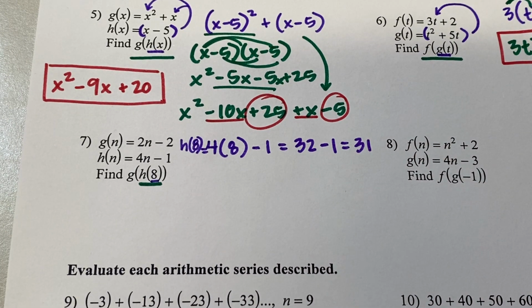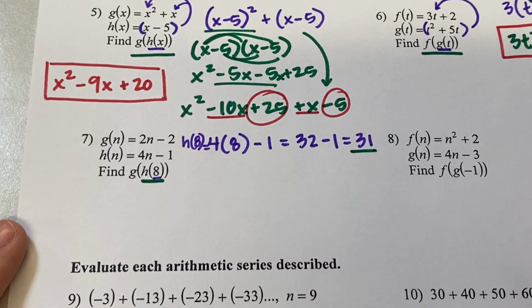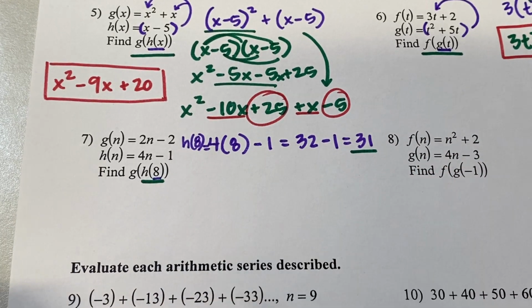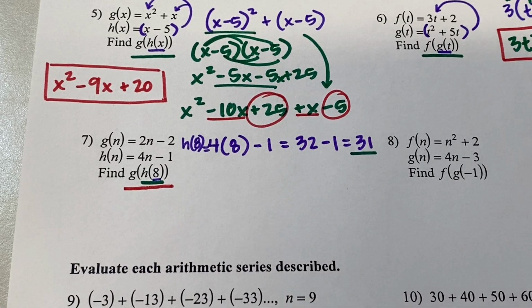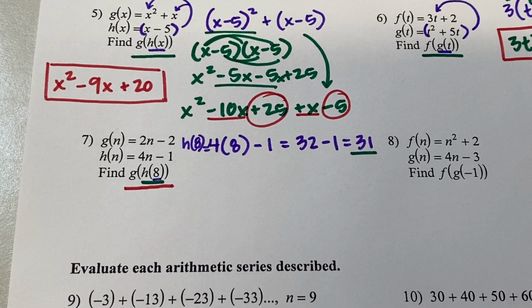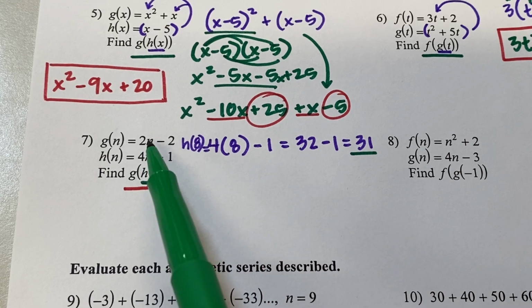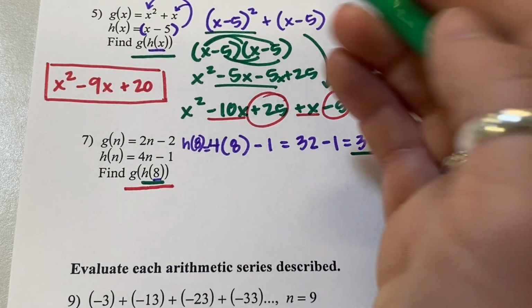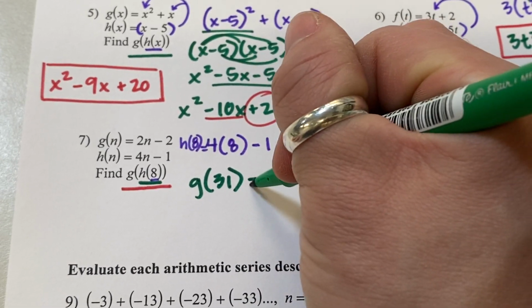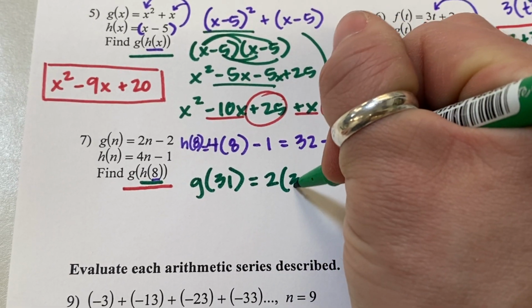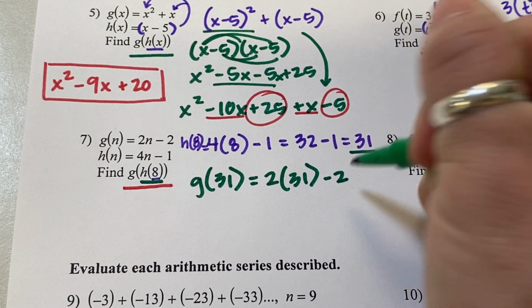Now I'm going to take that 31 and plug it into the g function, right? Now we're going from the very outside. So I'm taking that 31 and plugging it into my g function. So now instead of 2 times n, g of 31 becomes 2 times 31 minus 2.